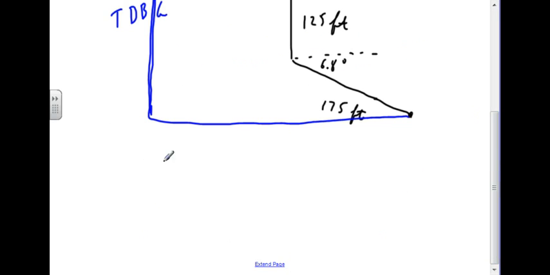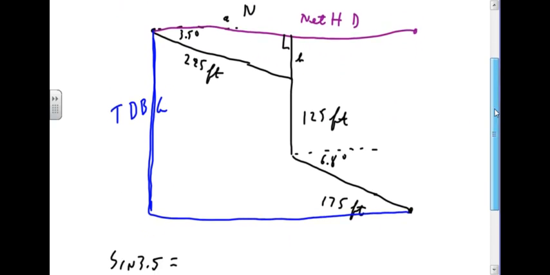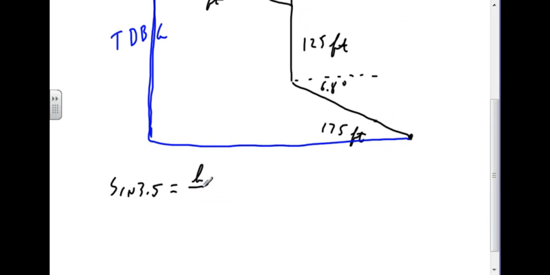The sine of 3.5 is equal to the opposite, B, over the hypotenuse, 225. So my B is 225 sine 3.5. 225 times the sine of 3.5. 13.7 feet.